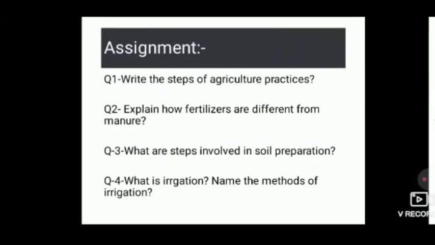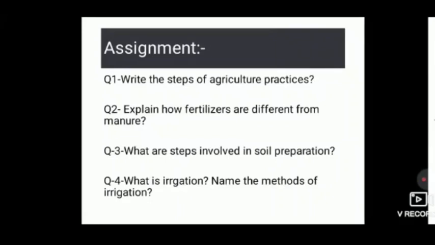I repeat all these questions. The first one is, write the steps of agriculture practices. Explain how fertilizers are different from manure. Third one is, what are the steps involved in soil preparation?